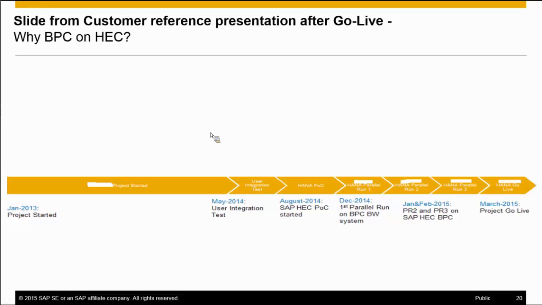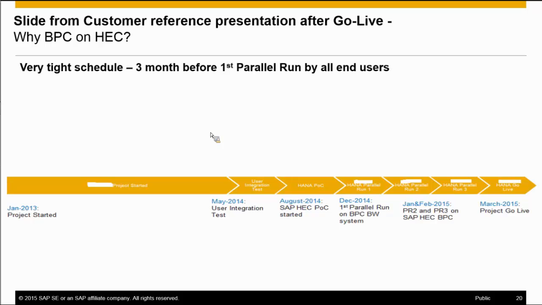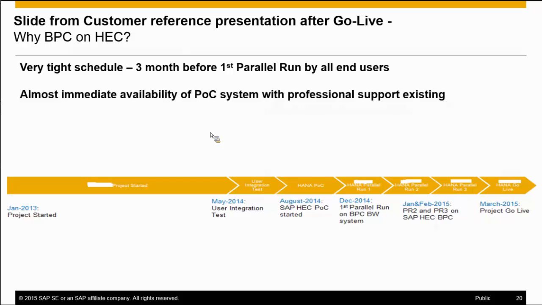So this is a presentation they gave on a forum in their home country after the go live, where they indicate why they wanted to go for BPC on HEC and specifically BPC on HANA. So why they chose HEC was because of the very tight schedule, and HEC is pretty fast in implementing. The POC system was immediately available.